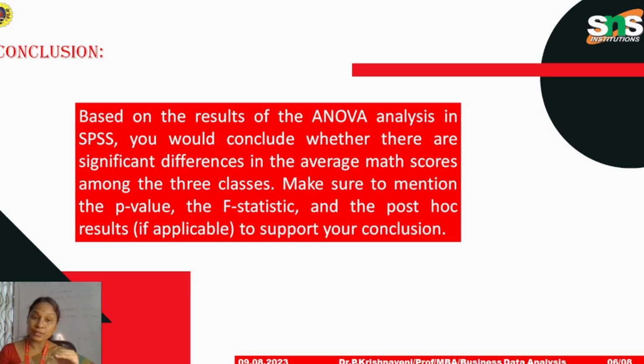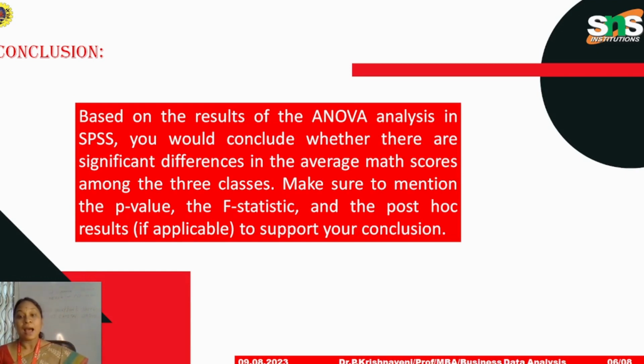This is the other thing we have to keep in mind. If our p value is less than 0.05, we can show that there are significant differences in the average math score of the three classes.